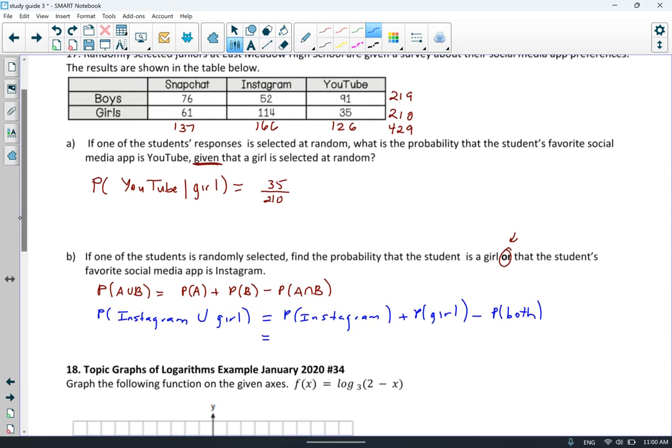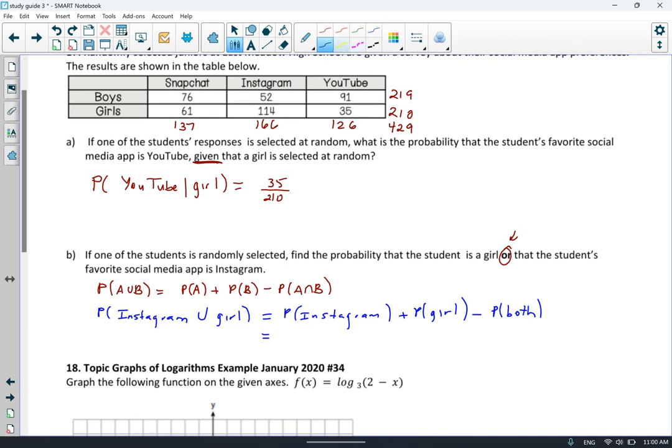So the probability of Instagram, okay, so there are 166, and this is always out of the total. So there are 429, plus the probability of a girl is 210 over 429, minus the probability of both. And so both would be the 114. So minus the 114 over 429. That's the probability of both.